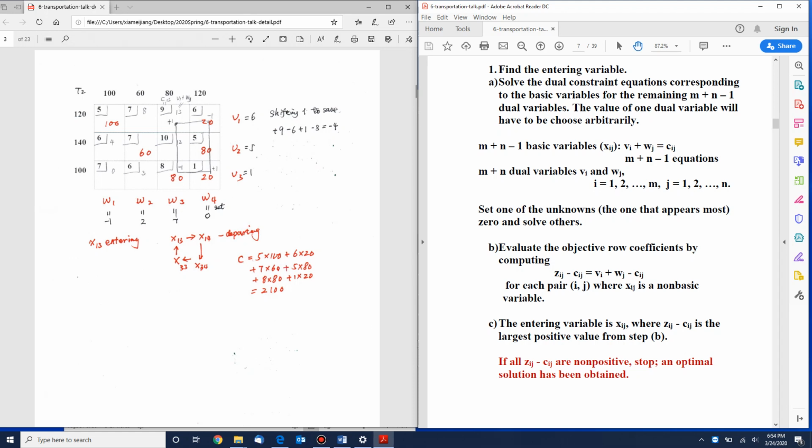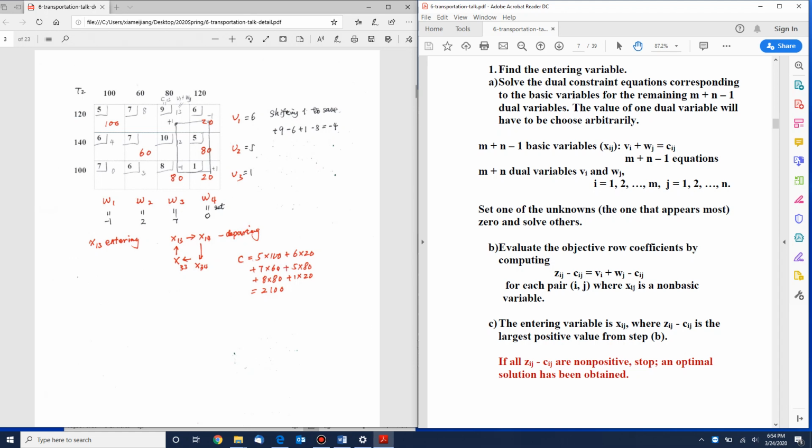W4 appears the most, so we simply set W4 equals 0. And when W4 equals 0, v1 plus w4 equals c14, so v1 plus 0 equals 6. That means v1 equals 6. So actually from here you can easily get v2 equals 5, v3 equals 1.